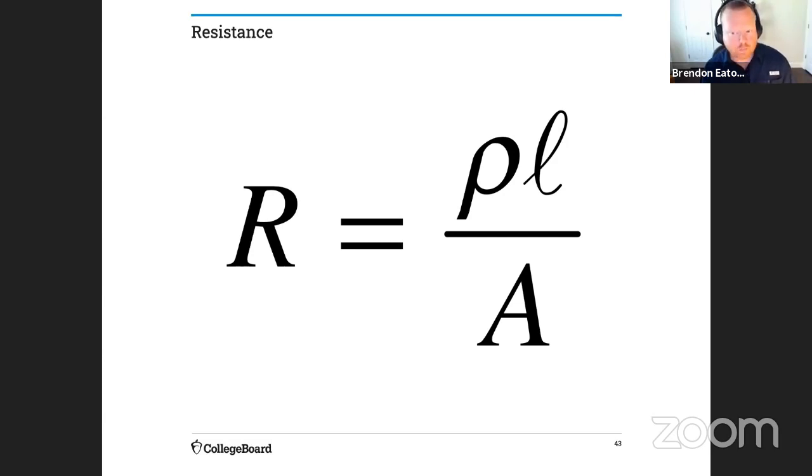Now, big R stands for resistance. Rho, we just said, was resistivity, which is something that you can look up in a table, or maybe you're given that quantity inside of the problem, or we're going to talk about how you can graph to find that resistivity. Now, the L on top is for the length of the wires. Typically, what we talk about is the length of the wire, and that's all over the cross-sectional area.